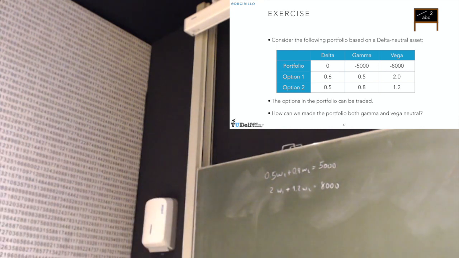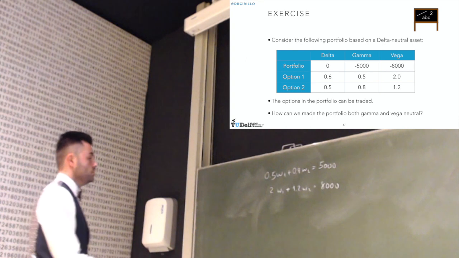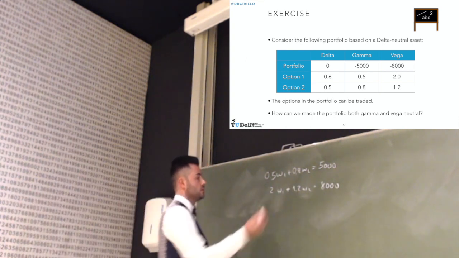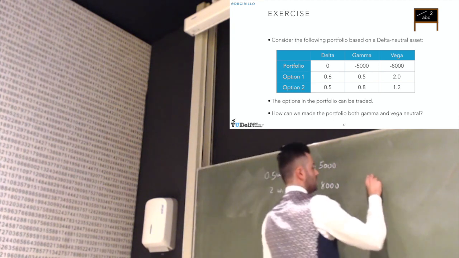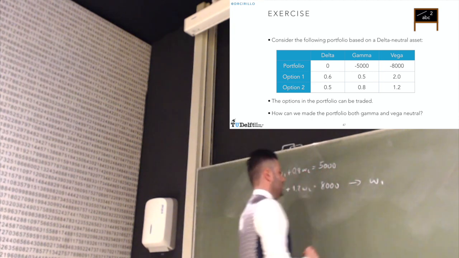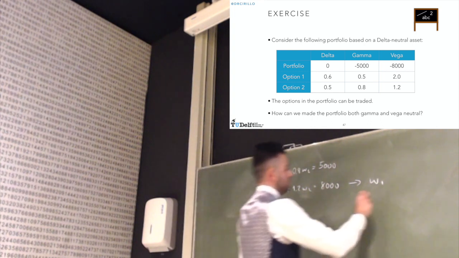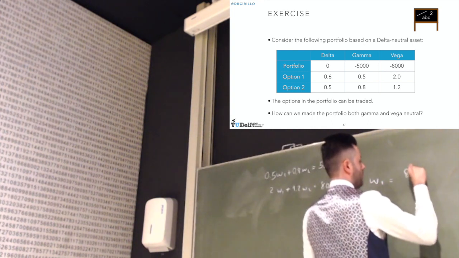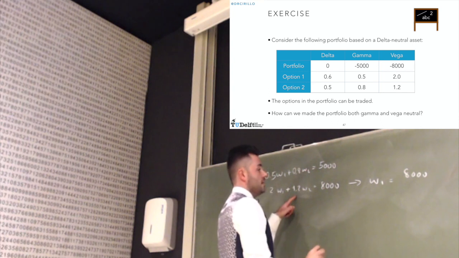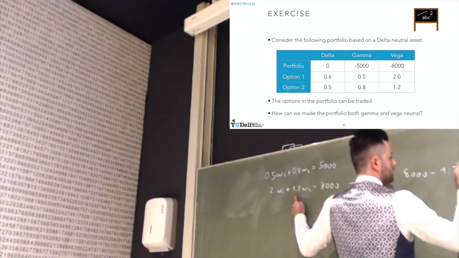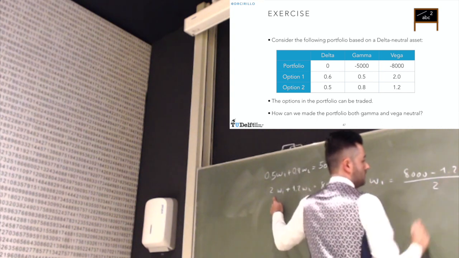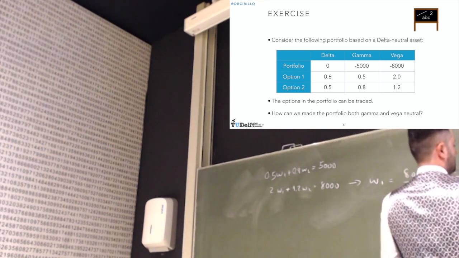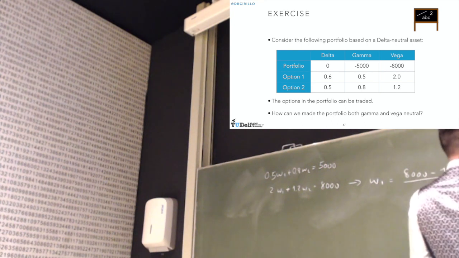Now, what I have to do is to solve this system. So choose one of the two. What can we do? We can choose, for example, W1 here. So W1 from here is equal to 8,000 minus 1.2 W2 divided by 2. So it is equal to 4,000 minus 0.6 W2.